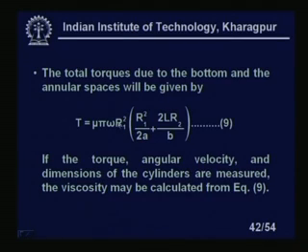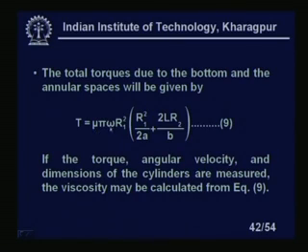Omega is known because we can measure the rotation by our tachometers. The dimensions R1, R2, L, A, B of the cylinders are also known, and we can measure the torque T by a torque cell. So, obviously the only unknown is mu, the viscosity of the liquid.